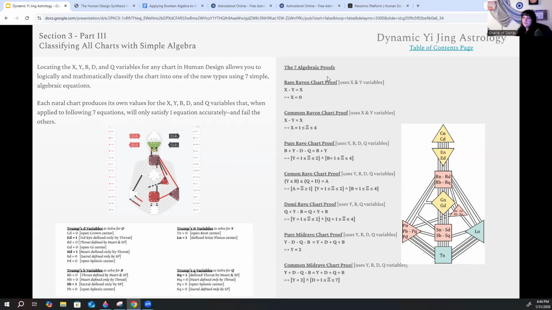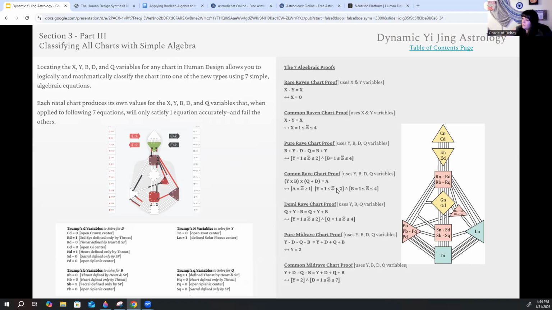This is President Trump's chart. He is a common raven. His B is 1, his D is 2, his Y is 1, and his Q is 1. These will only pass the common raven chart proof, which is: these both can't be 0, but one can be 0, and then these cannot be 0.